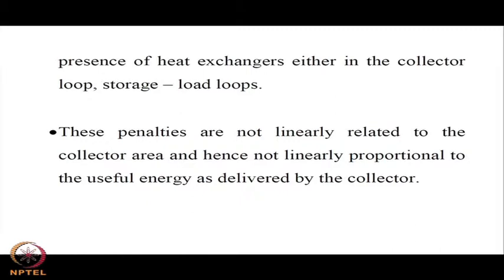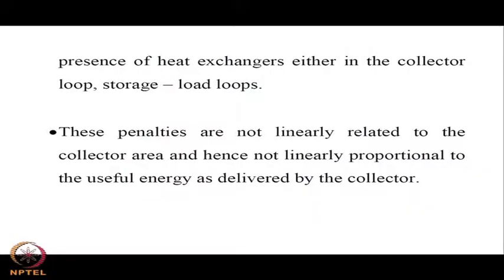And what I was trying to say is my performance cannot be linearly proportional as delivered by the collector. So, if the energy delivered by the collector is Q_u over a short period of time, if the solar radiation is doubled, my useful energy is not doubled.